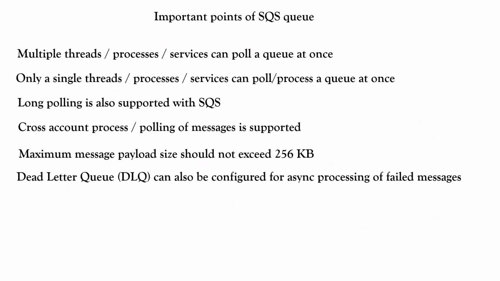But the order processing, or the logistics and shipping API service, is hosted in a different EC2 instance in a different AWS account. Both accounts are different, but the accounts can connect to the SQS queue in either AWS account. So cross account polling of messages is also supported with the SQS queue itself.